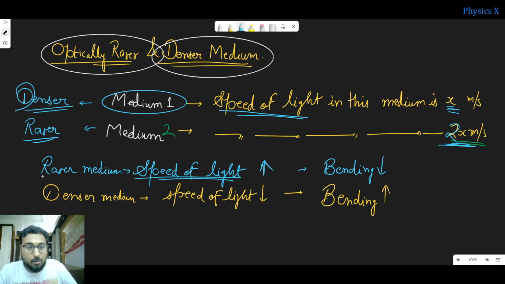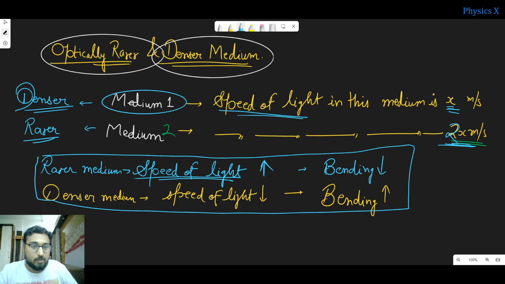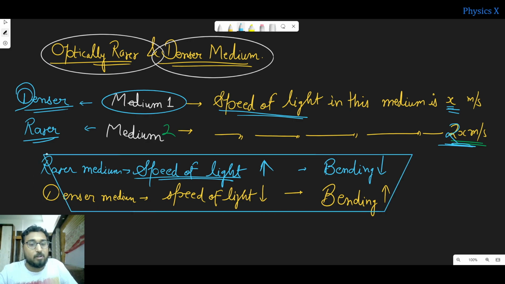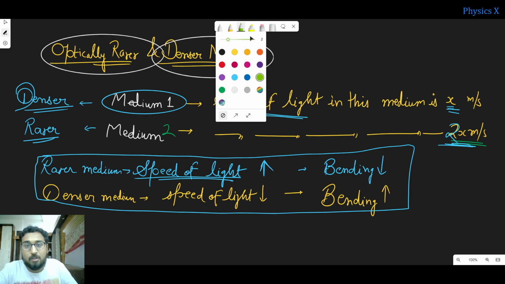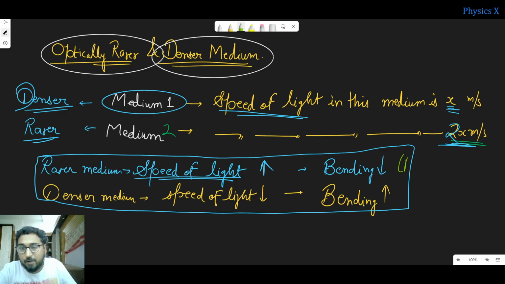It is one of the most important concepts which will govern your refraction case. Speed of light increases in the rarer medium, that is why bending is less. Bending means refraction, and it is more in the denser medium.